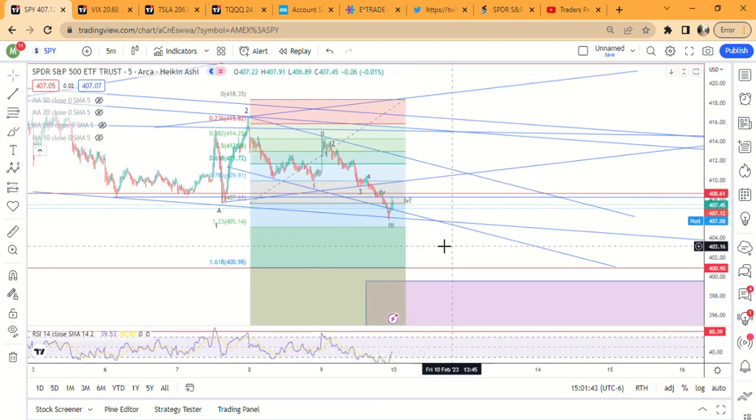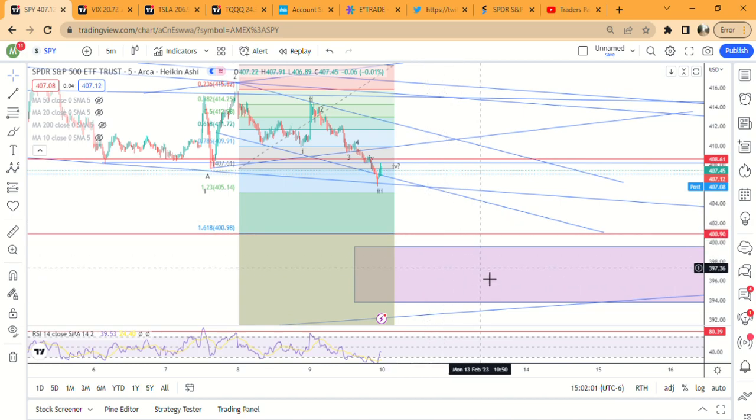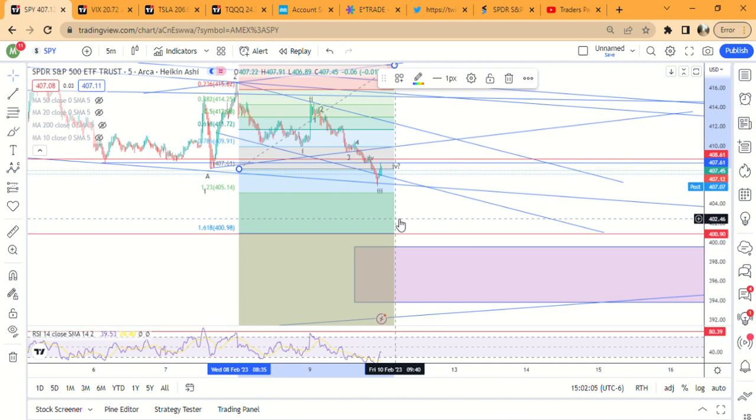Let's say the fifth wave ends like at 403. Then I would favor ABC because you want to see the third wave get to at least the 1.61 fib. Let's say we come down here to 395 on the next move. Then it's definitely a third wave. And then we're looking at some extreme bearish possibilities. So tomorrow will be very telling.